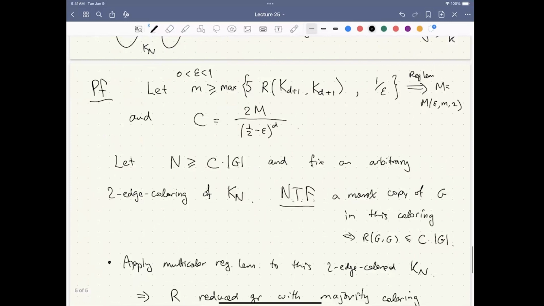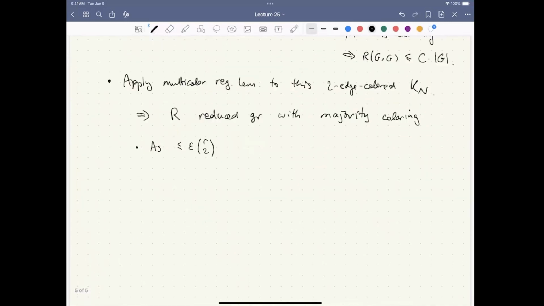Because there are at most an epsilon fraction of the pairs that are irregular. By irregular, I mean irregular with respect to some color. This implies that the number of edges in R is at least, apart from an epsilon fraction, all the other pairs, they are regular with respect to all colors.